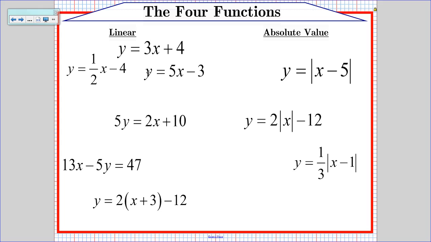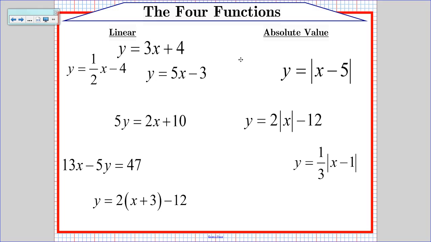What all of these have in common is that they have x raised to the first power with no other functions going on. There's no x squared, there's no absolute value bars, you don't see a square root, you're not dividing by x, things like that. So the relationship between x and y is that x has to be raised to the first power in an equation with y and x.